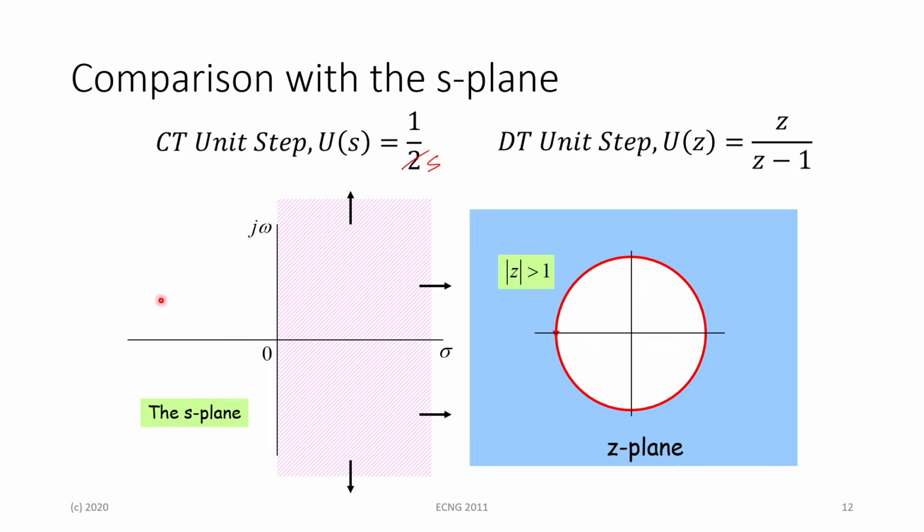To map that into our Z-plane, for a stable Z system, all the poles must lie within the unit circle, or this radius circle here. If a pole lies outside this radius circle, we have an unstable system.